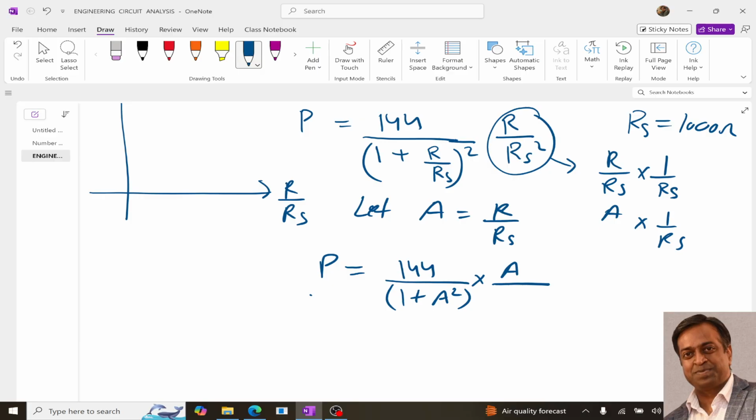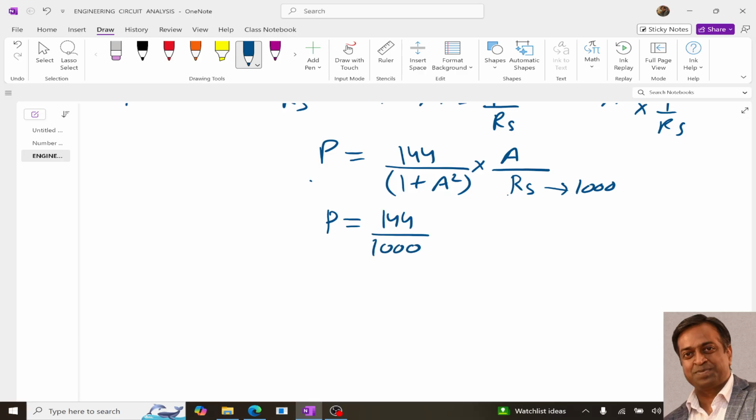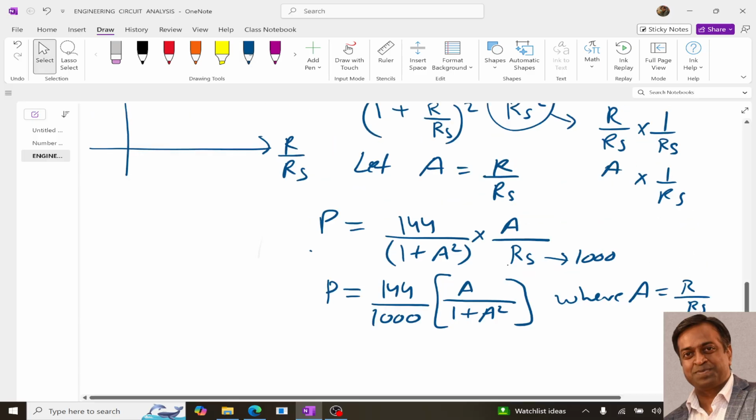RS is a constant, it is 1000. So our power expression will become 144 upon 1000 into A upon 1 plus A square, where A is equal to R upon RS.